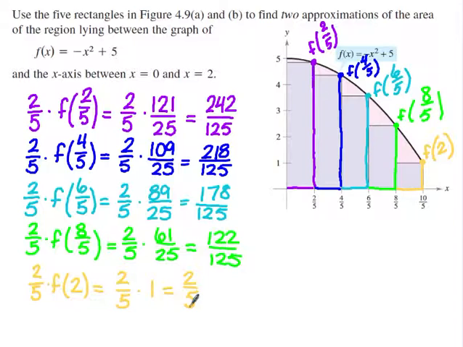So now if I want to find the area of all those rectangles, I'm just going to add those 5 values up. And when I add those 5 values up, what do I end up getting?